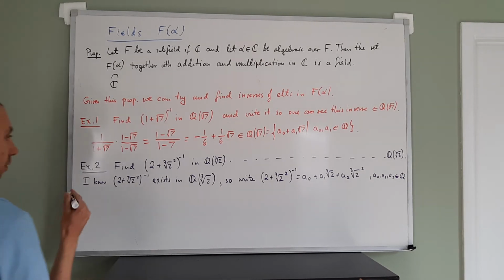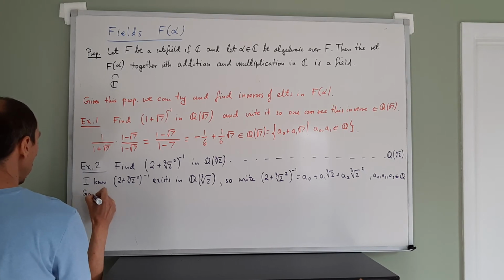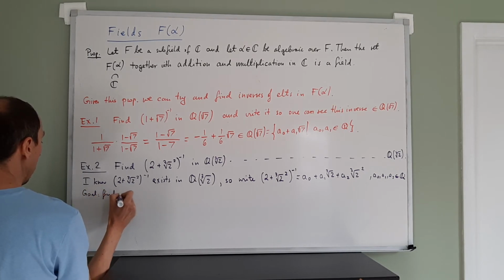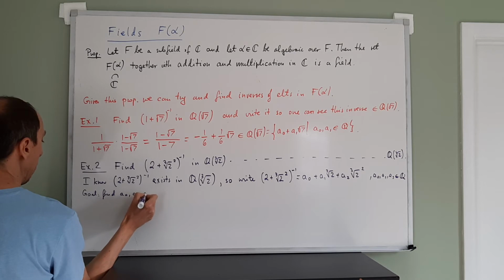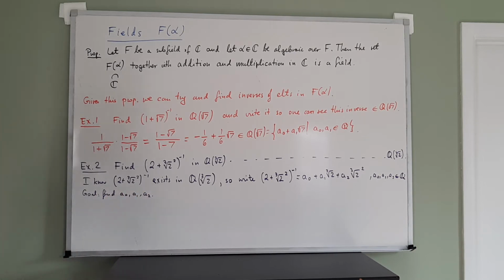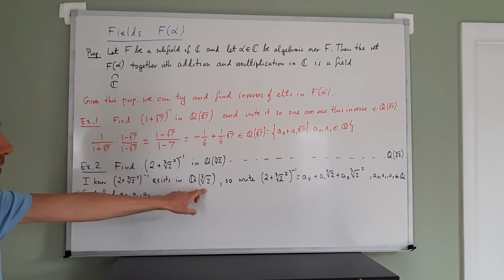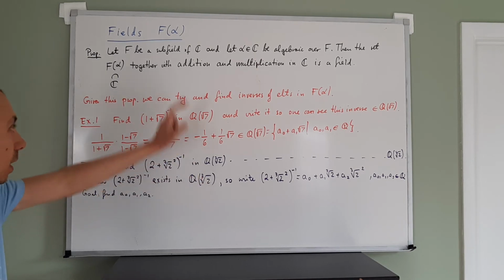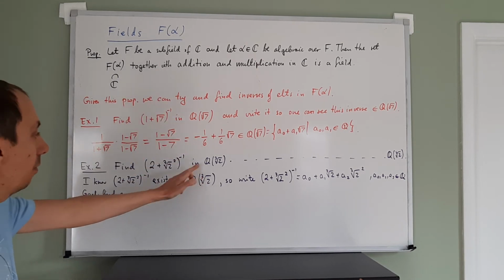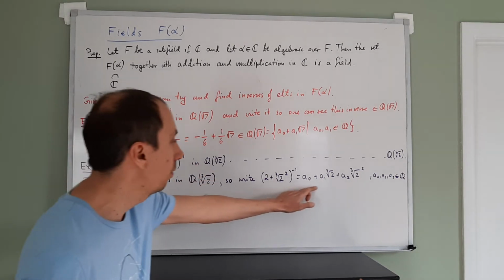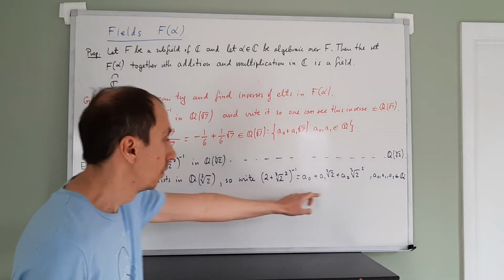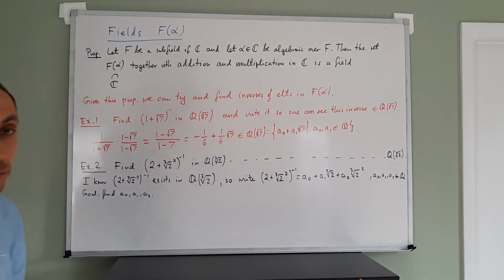So the goal is to find A0, A1, A2. Again, just to summarize, I know this inverse exists in this field because this is a field by the proposition. So everything in this field can be written in that form. So I write my inverse in that form, and I need to find the coefficients A0, A1, A2.